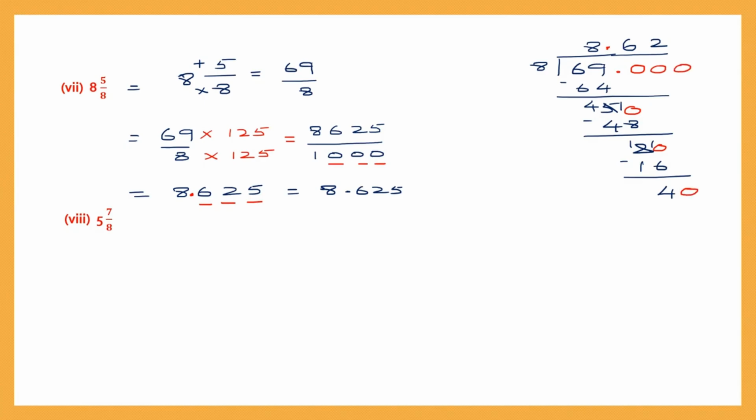Now what is my number? My number is 40. That means 8 5s are 40. So I've completed my division. My remainder is 0 and the answer that I've got is 8.625, as you can see in the quotient here. So now can you see the answers are the same, 8.625 here and 8.625 there.